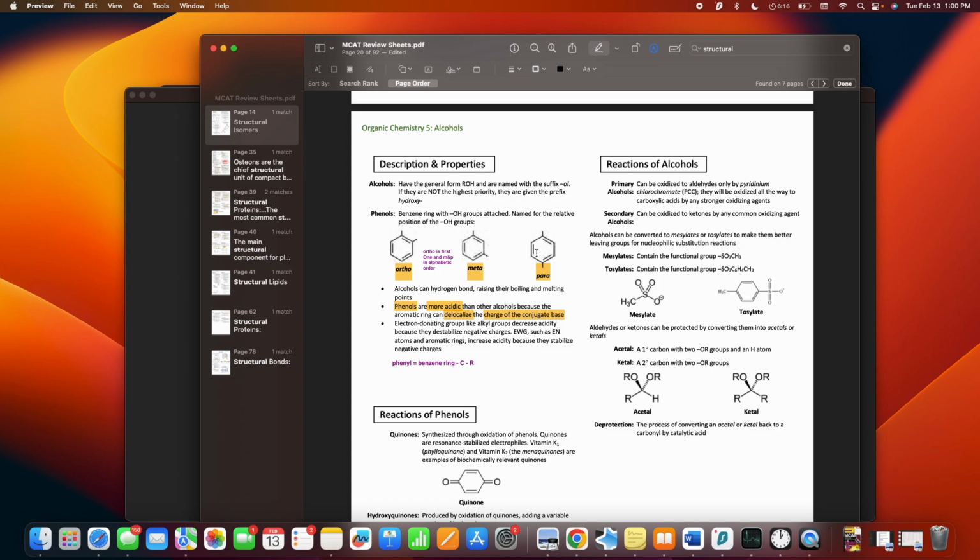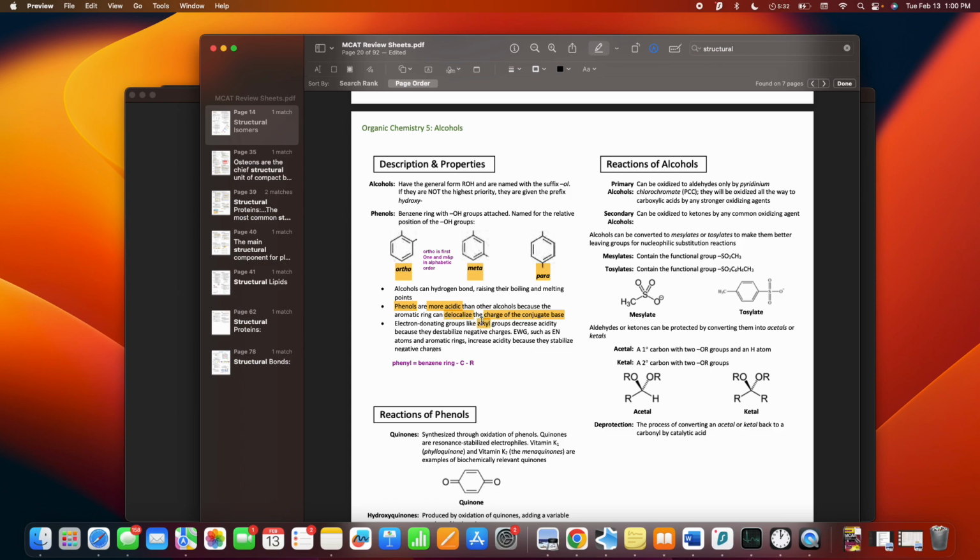You have that H. You're a proton donor and an electron acceptor. Electron-donating groups like alkyl groups decrease acidity because they destabilize negative charges. EWG, such as electronegative atoms, and aromatic rings increase acidity because they stabilize negative charges.